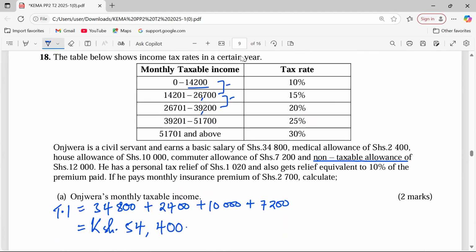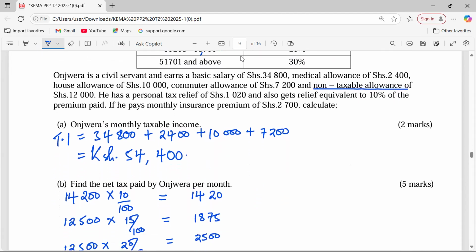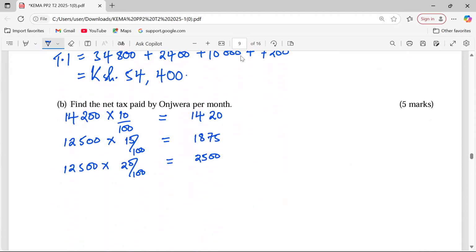After this, we can talk of the fourth band, whereby we have 51,700. We subtract the previous limit of 39,200. That will give us again 12,500 at the rate of 25% per month. And this will give us a tax equivalent to 3125.